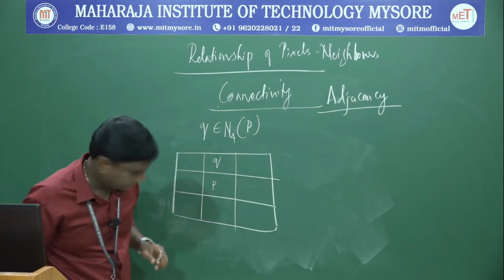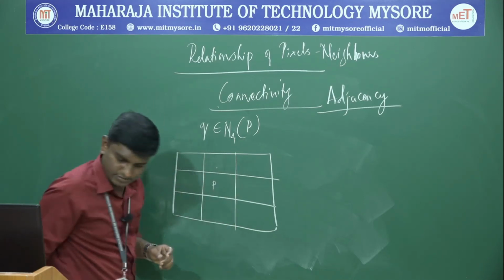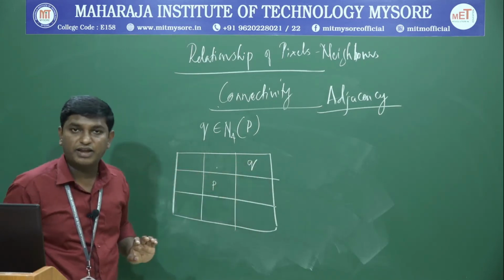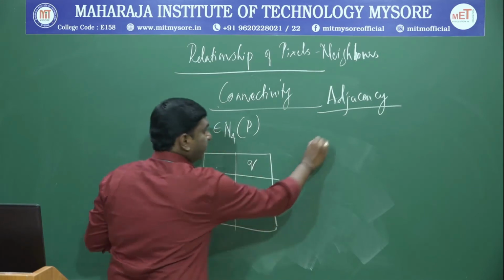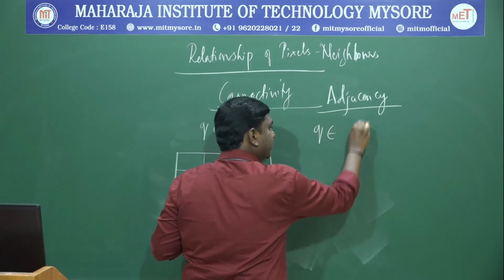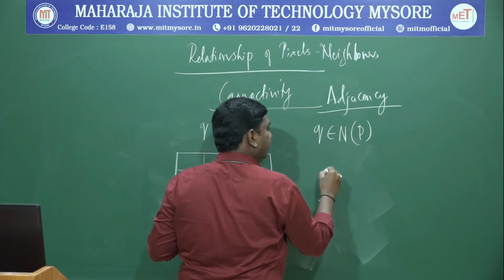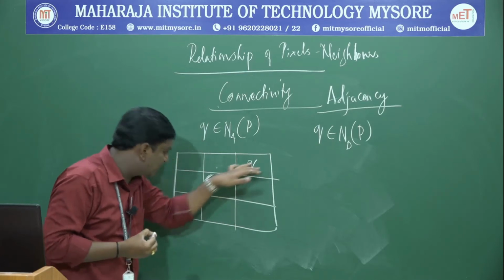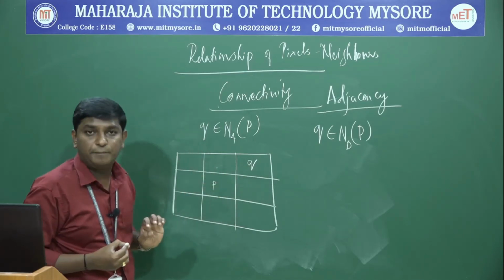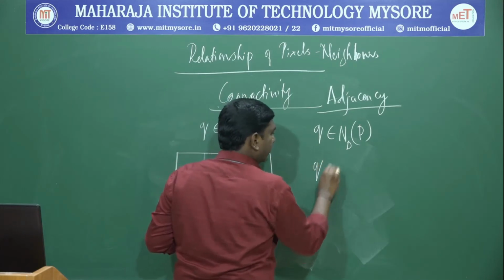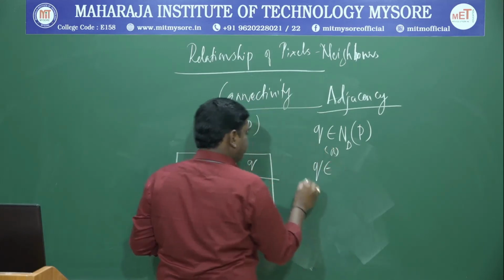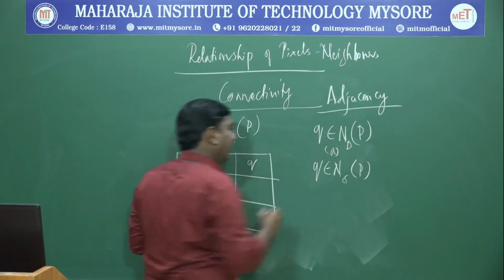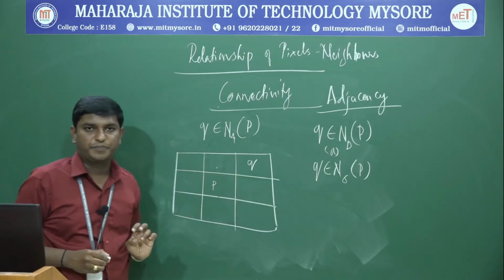Another possibility we will see. The second possibility: this pixel Q belongs to pixel P with the relationship of ND. Yes, this pixel Q is a diagonal neighbor of pixel P. One more possibility: this pixel Q belongs to pixel P with 8 neighbor relationship.